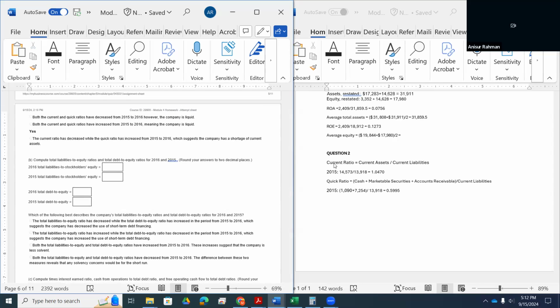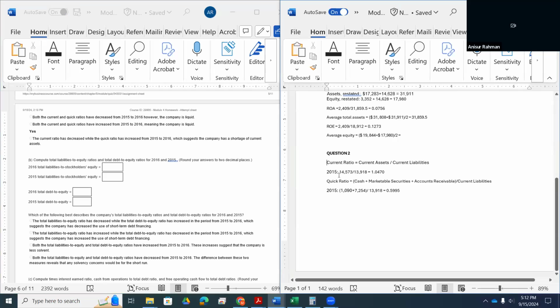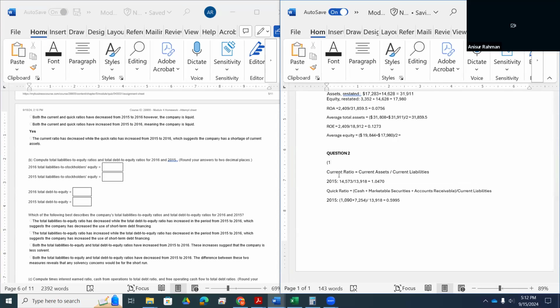Now, part B. We have to calculate total liabilities to stockholders' equity.